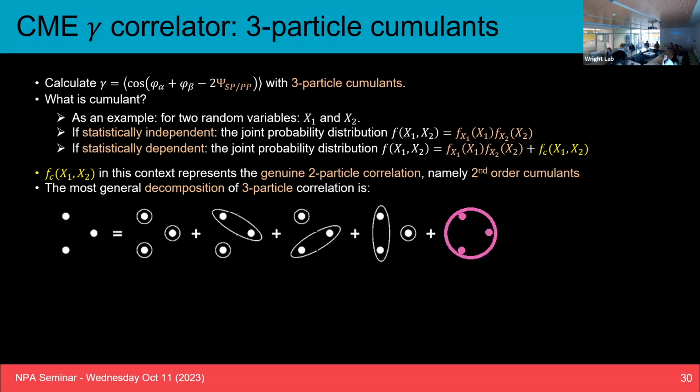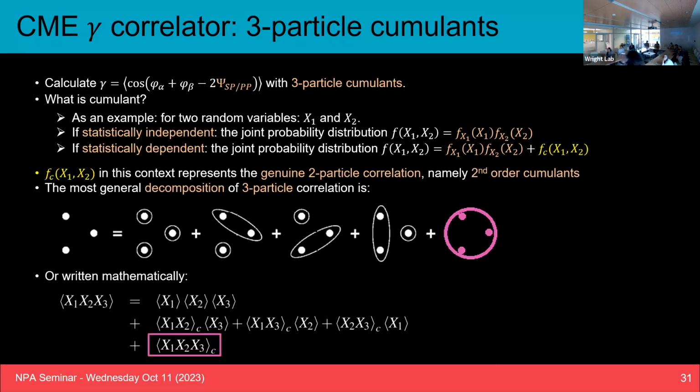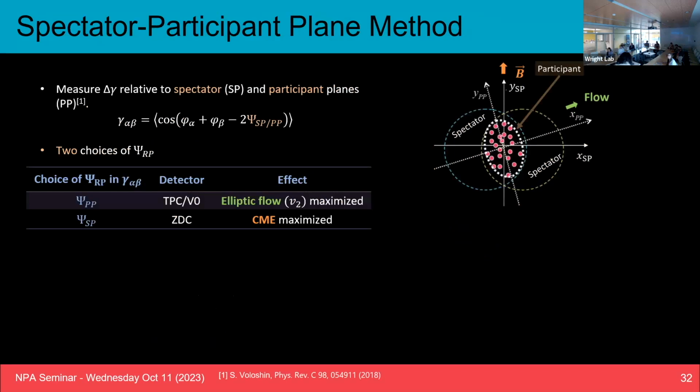This is the genuine correlation, written out in a bit more mathematical terms. We will want to calculate this. Okay, so that is just an experimental observable. But the reason I introduced it before is that it is used in this method, which I used for my CME analysis.